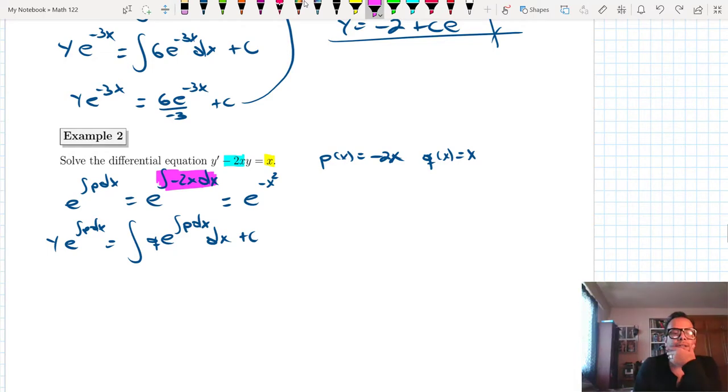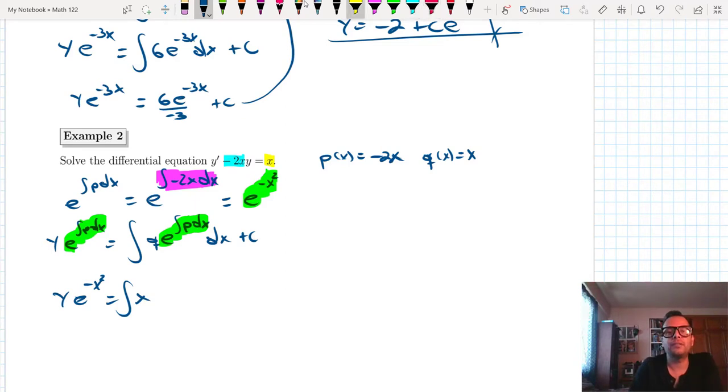So this quantity that I'm highlighting in green, e to the integral of p dx, we are going to replace it with this e to the negative x squared. So y e to the negative x squared equals the integral of q, which by the way is x. Careful, notice I'm going to highlight it with yellow as we did earlier. So that's x times e to the negative x squared dx plus c.